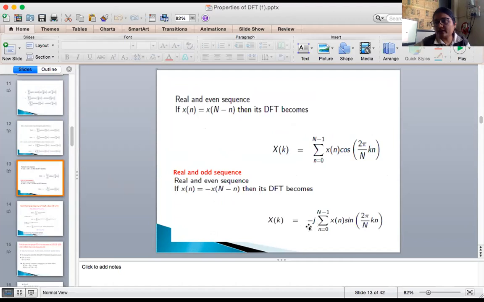J indicates that the DFT values are going to be imaginary because J is present. So if the input sequence is real and odd, the corresponding DFT that we are going to get is imaginary and odd. The values are odd and imaginary.